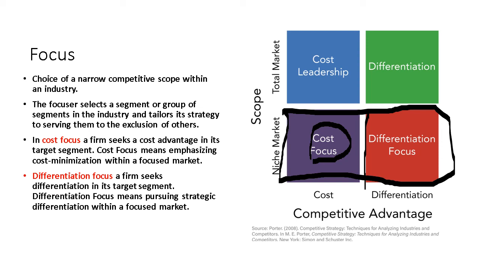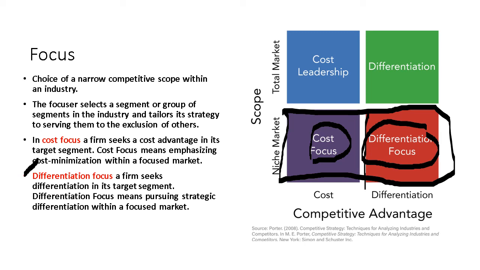Cost focus means emphasizing cost minimization within a focus market, or your niche market. On the other hand, in a differentiation focus, a firm seeks differentiation in its target segment or niche. Differentiation focus means pursuing differentiation strategy within a focus market.